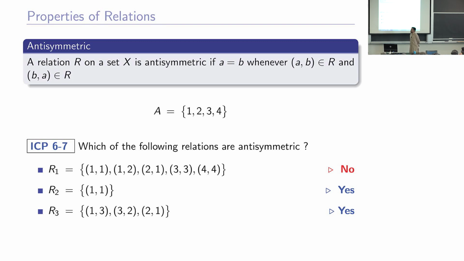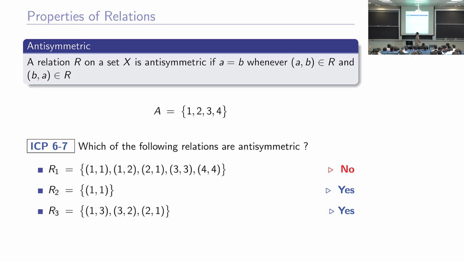Okay, so what is the definition of antisymmetric? Antisymmetric says for unequal elements A and B, if AB is there, then BA cannot be there. Only for equal things you can say this. Whenever you find two things bidirectionally related, they must be equal.